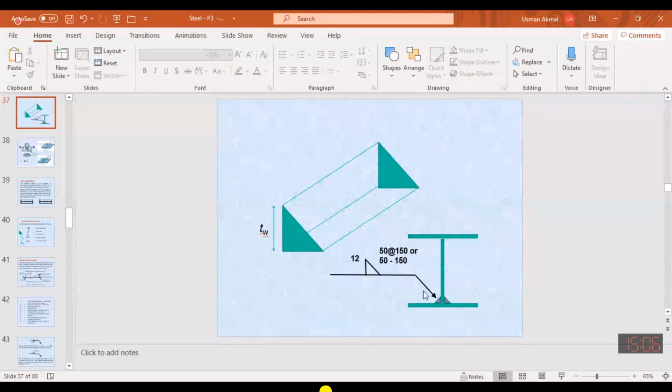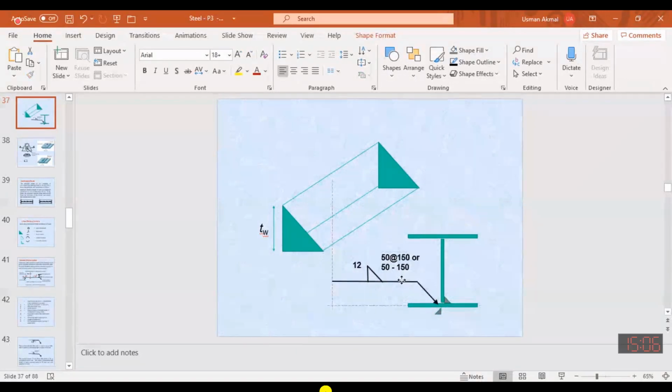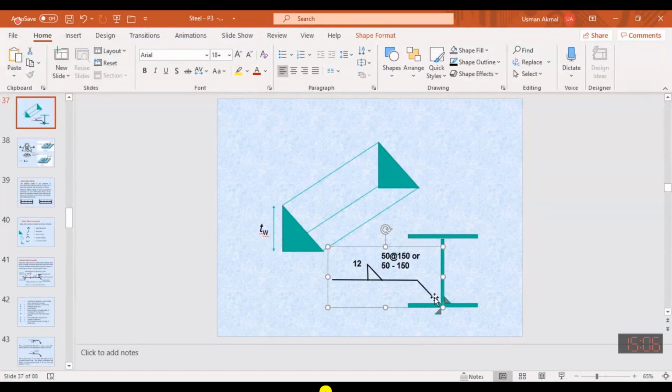And on the opposite side means that this weld should be on this side, opposite to this plate. Because sometimes on our drawing sheet we do not have the space to show the arrow, so sometimes we need to provide the weld on the other side.